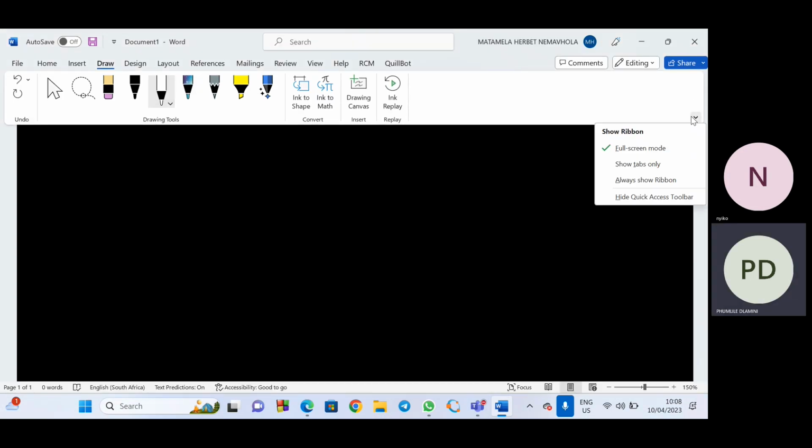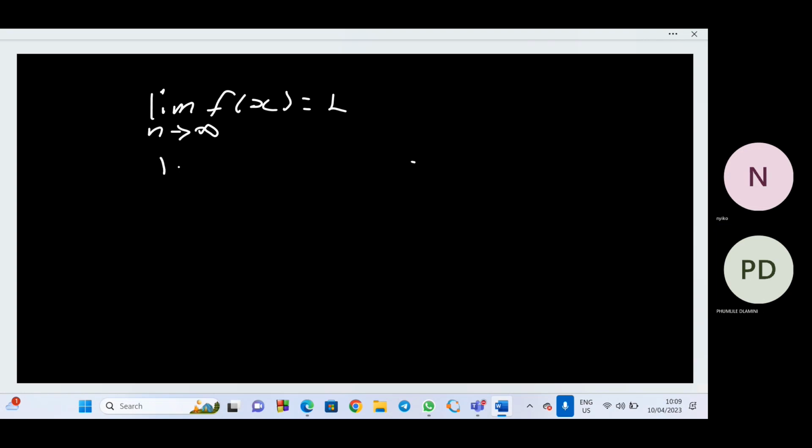We're going to have a limit, let's say, for example, as n approaches infinity of f of x, which can give us L. And we can also have a limit where you can also use x. It can be x approaches positive infinity.